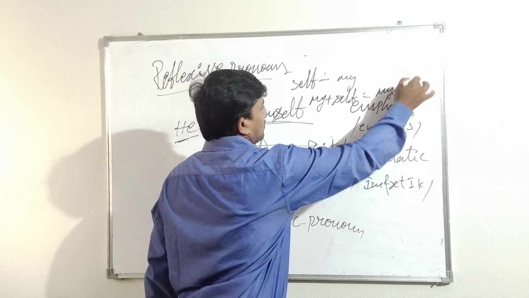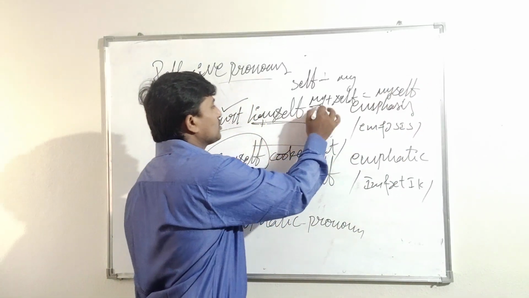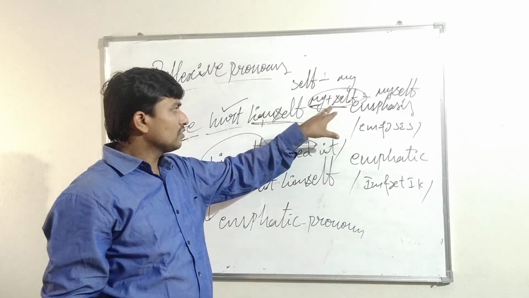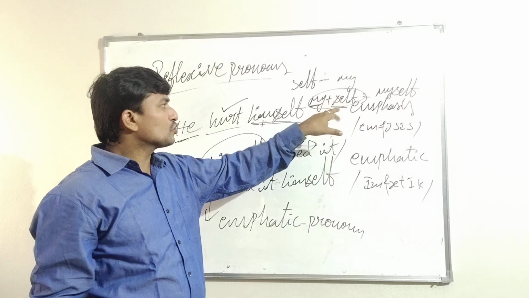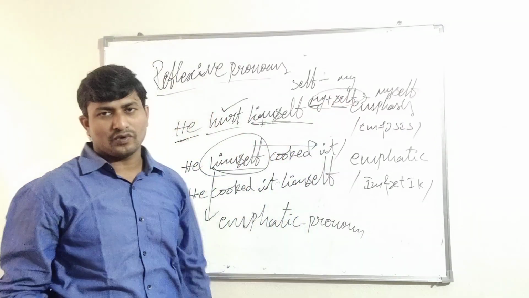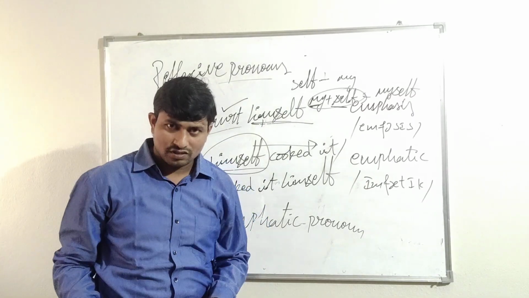Like him plus self is called himself. How many words here? This is one word, this is one word. So this is formed from two words. If a word is formed by two words, it is called a compound word. What is a compound word? The formation of two words.